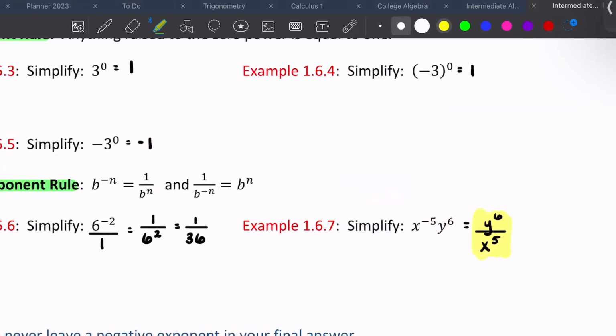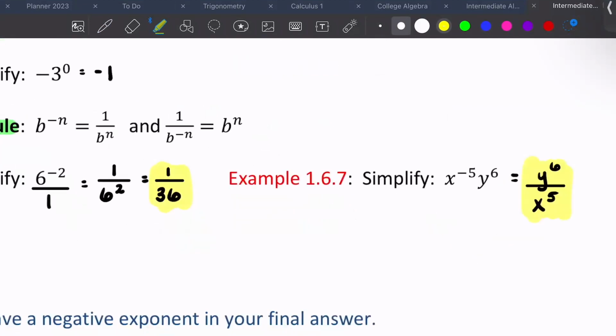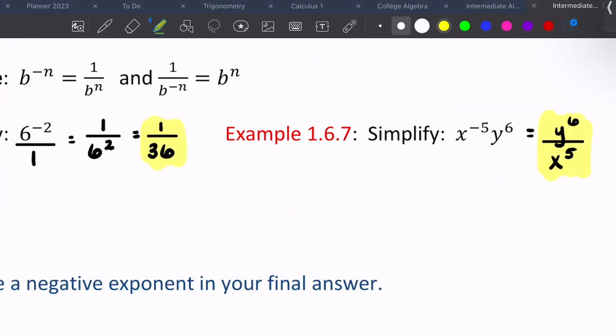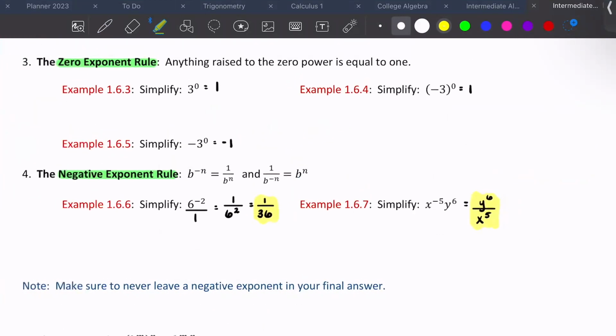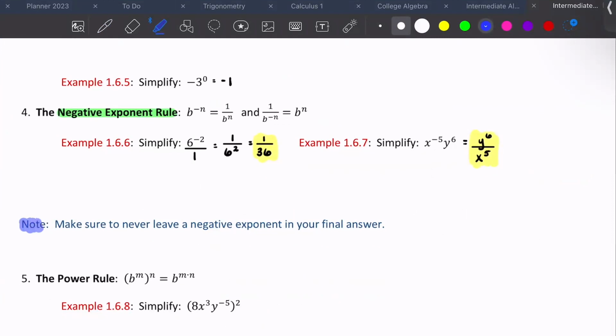Sometimes you guys can really struggle with this, but you just need to remember, what is negative? And I'm just going to move that part. This note here says, make sure to never leave a negative exponent in your final answer.